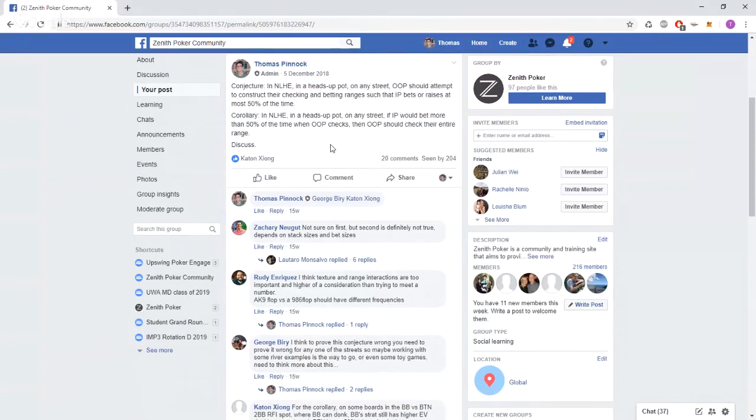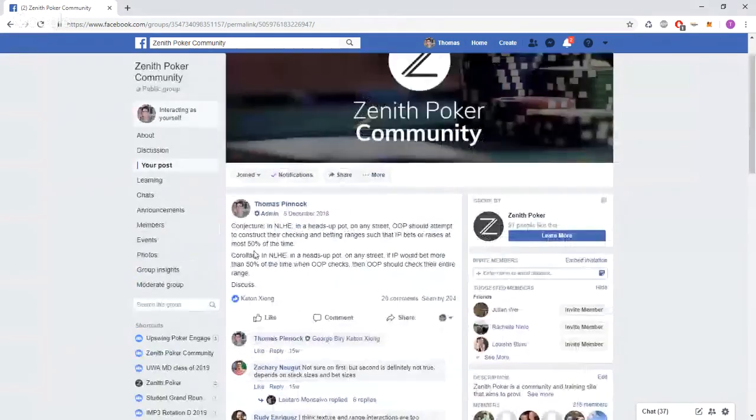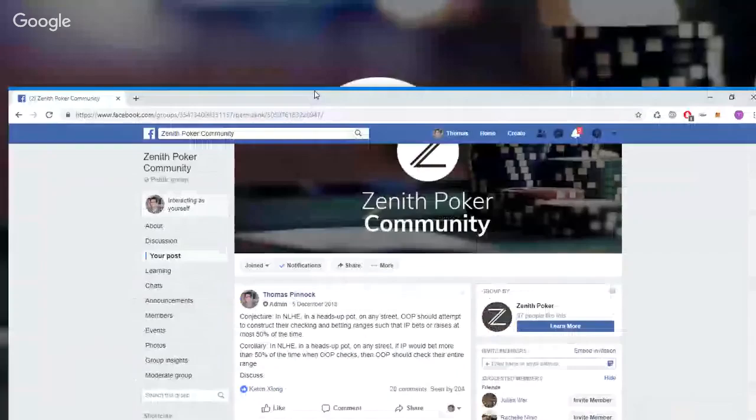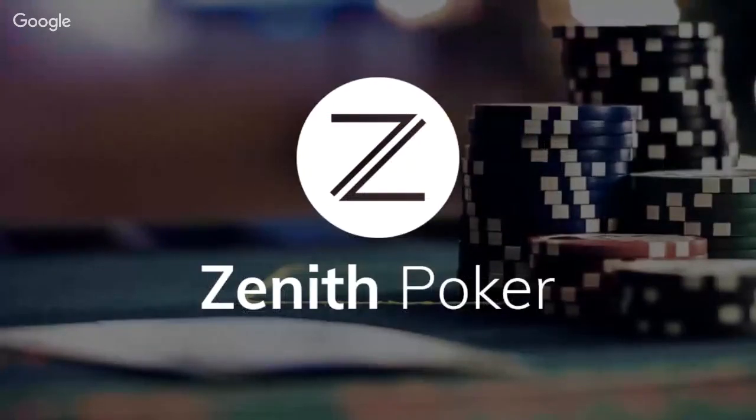And that was looking at a bunch of different sims. Actually, there was one I made before this that was just looking at the checking range, and I added the bets or raises because of the idea that you could have a betting range that was very weak and a checking range that was very strong. So that's the conjecture. It was made roughly on the 4th of December of 2018, and that was looking at a bunch of sims, and then a few.